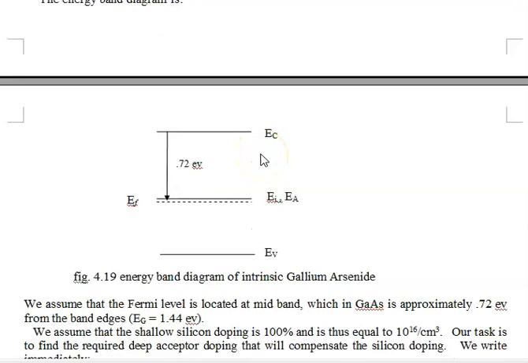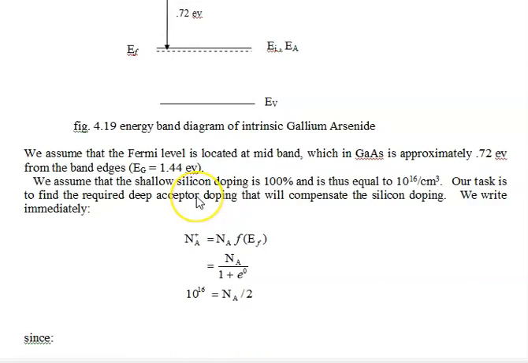So this is what we have in gallium arsenide. In gallium arsenide, the band gap is 1.44, 1.45, whatever, and we have the Fermi level sitting right in the middle of the band gap at about 0.72 eV below E_C. This is not a line of electric force. This just says the distance between the conduction band and E_A, the chromium acceptor level, is about 1/2 the band gap.